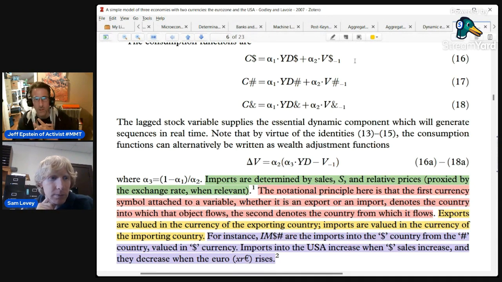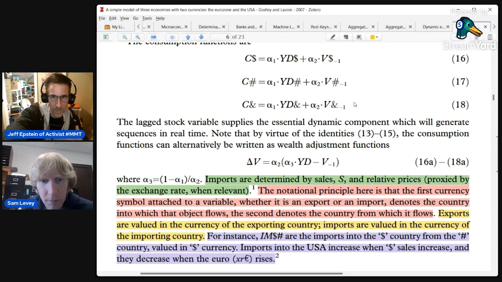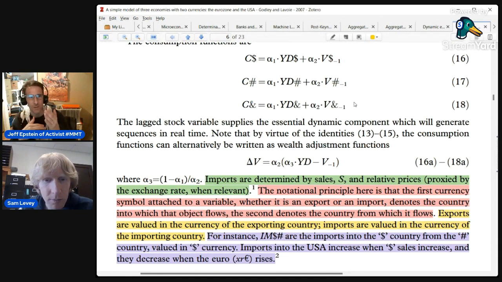And then down below, 16A, my change in wealth is equal to alpha 2, how much I want to spend out of my wealth. Inside there is my disposable income times whatever value helps me get my wealth up or down to my target.